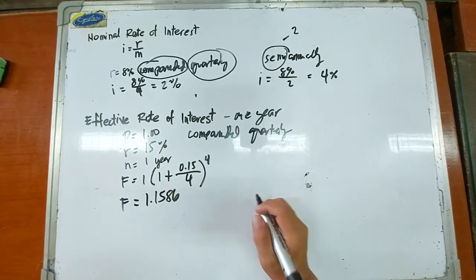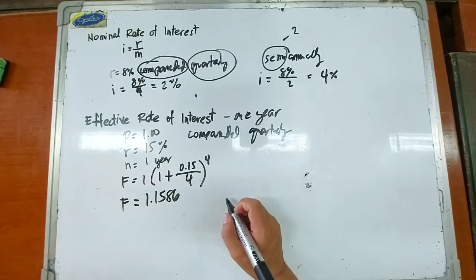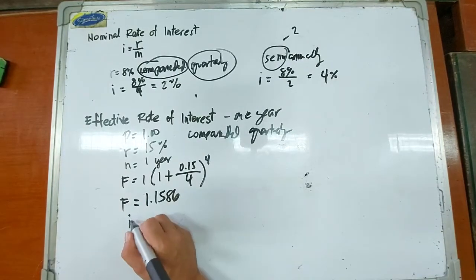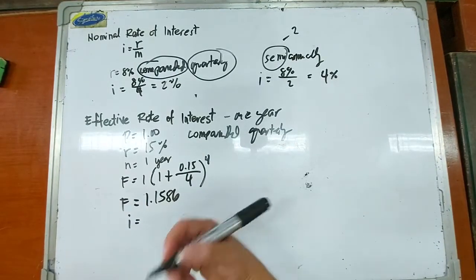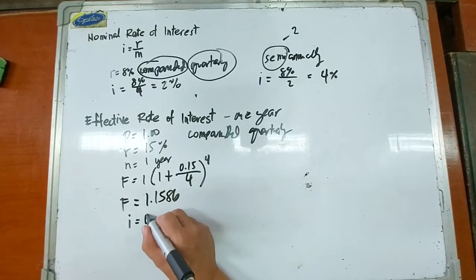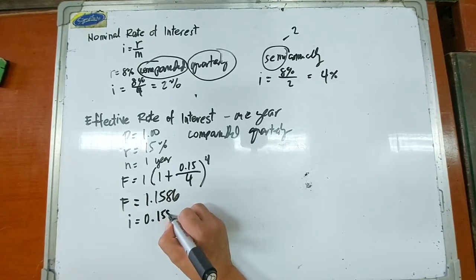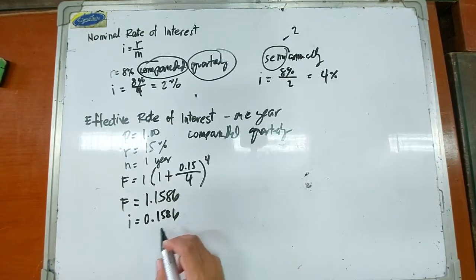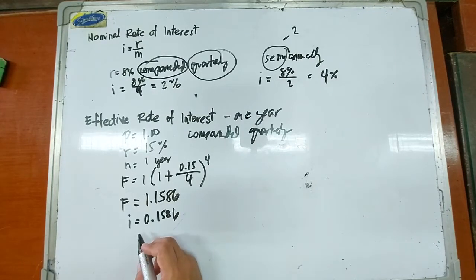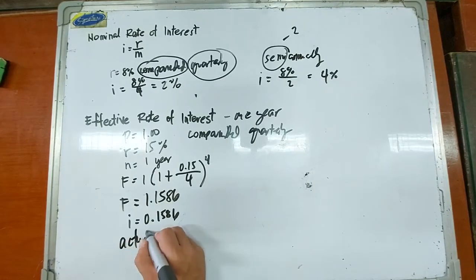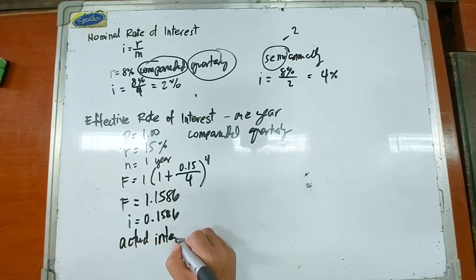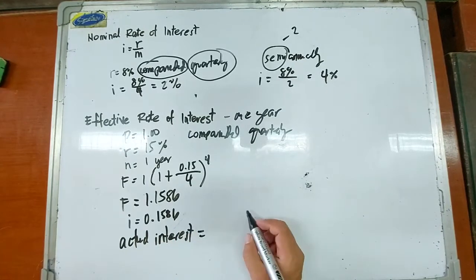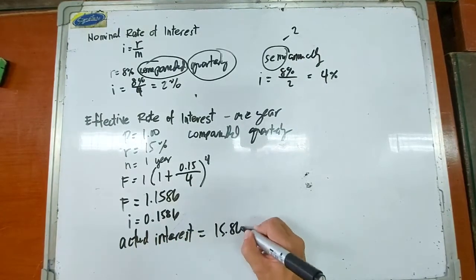Okay, so the interest earned in 1 year compounded quarterly is 0.1586, which means that the effective rate of interest, the actual interest, is equal to 15.86%.